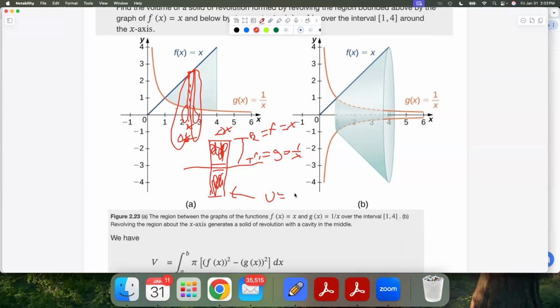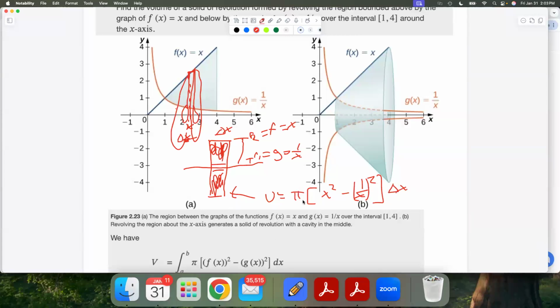So that volume is going to be pi times big radius squared minus little radius squared, times my thickness, delta x.